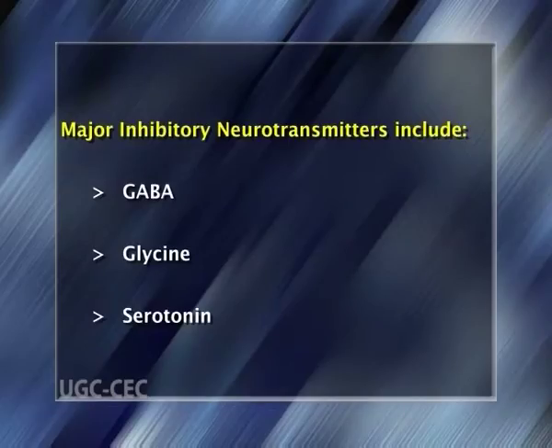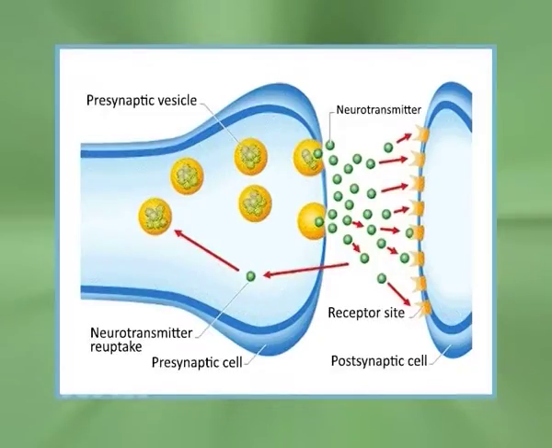Inhibitory neurotransmitters exert inhibitory effects on the neuron, thereby decreasing the likelihood that the neuron will fire an action potential. Major inhibitory neurotransmitters include GABA, that is gamma-aminobutyric acid, glycine, and serotonin. Some neurotransmitters can exert both excitatory and inhibitory effects depending upon the type of receptors that are present.